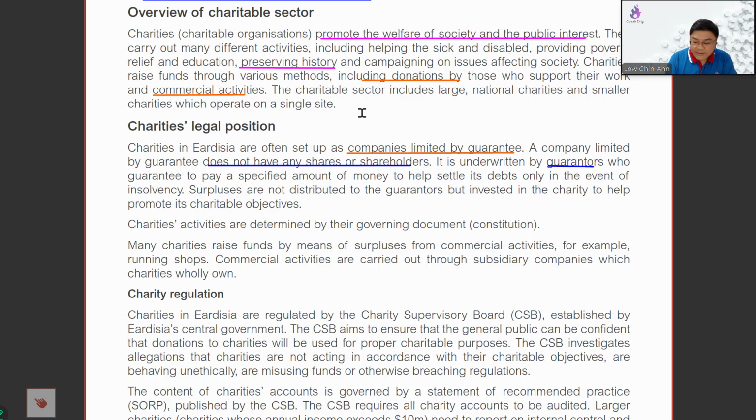Now, because the charity technically has no owner and no shareholder, you'll be wondering, if the charity makes money, how do they distribute dividends? Because of that, they are not allowed to distribute dividends. So that's why you can see over here, they also say that the surpluses are not distributed to the guarantors, but are invested in the charity to promote charitable objectives.